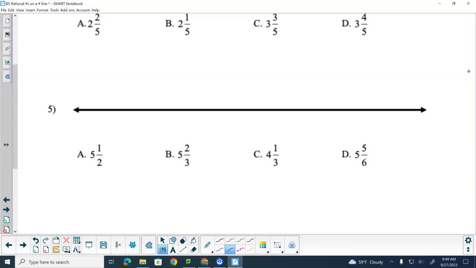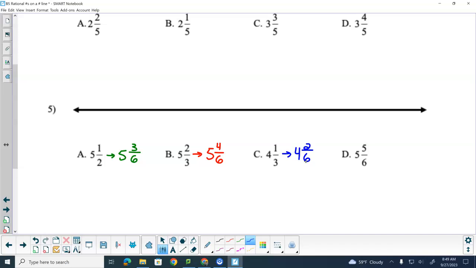Yep. So 1/2 is how many sixths? 3/6. 2/3 is how many sixths? 4/6. 1/3 is how many sixths? 2/6. D is already there, D's already in sixths.